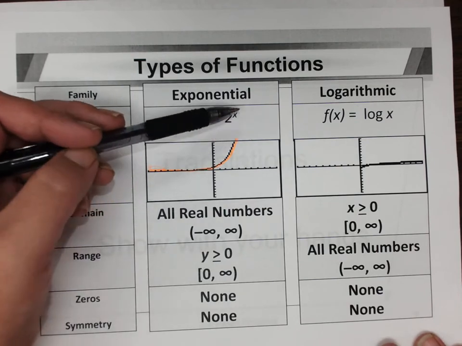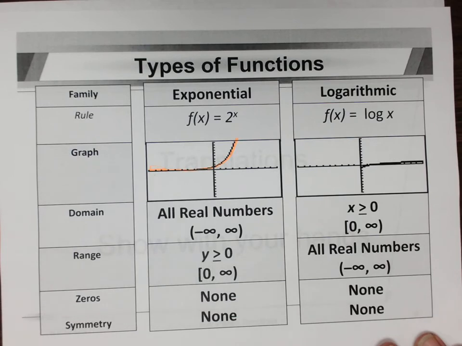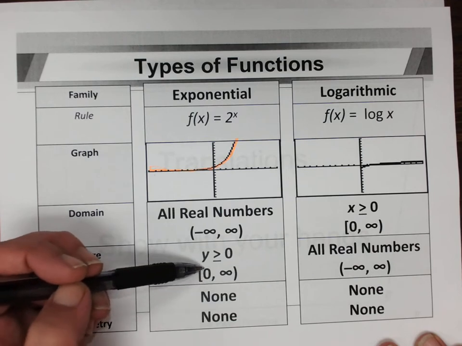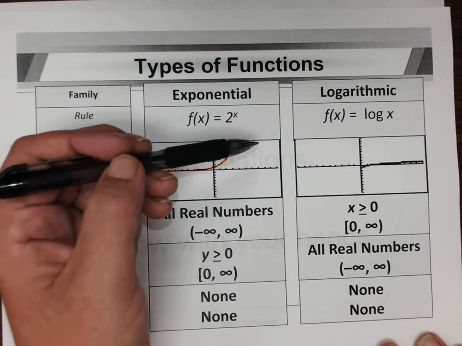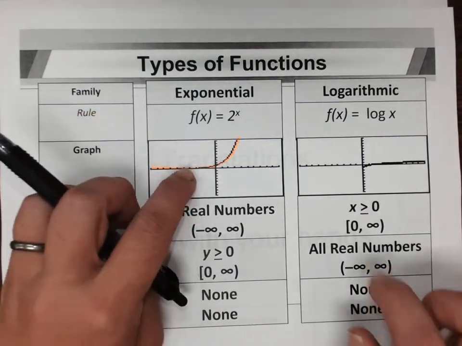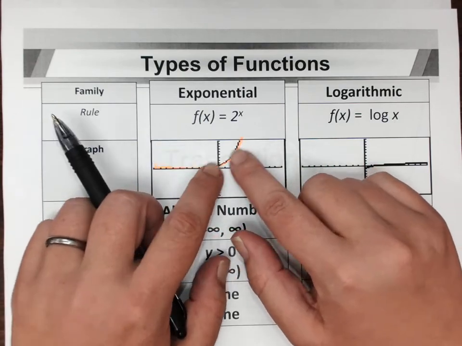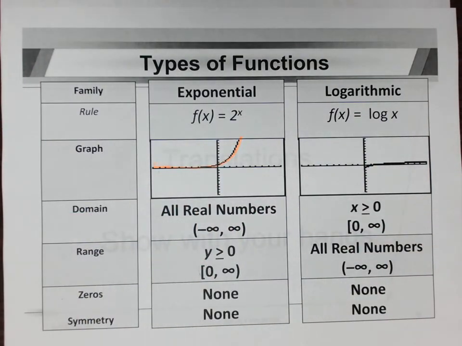And then as we put in smaller and smaller values, we'll get down to 0, but we'll never go below that. It has no zeros. It gets close to this 0, that's why we include it, but it really doesn't cross that axis, and it has no symmetry. Here, if we notice, it does not curl off in the same way or mirror itself. It's this non-symmetric function.